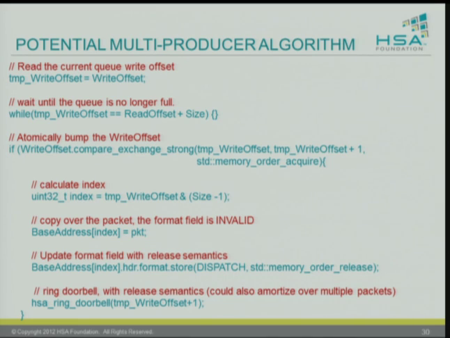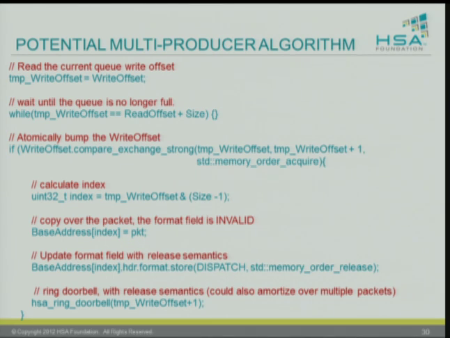In this case, we copy over the full packet, and then we set the format field on the packet, which says what type of packet it is. We set that to a dispatch packet, and we do that with release semantics. This is like what Ben talked about earlier. So I do these stores that are copying the packet over, and then I set the format field to dispatch only after all those previous stores are visible to all other agents in the system.